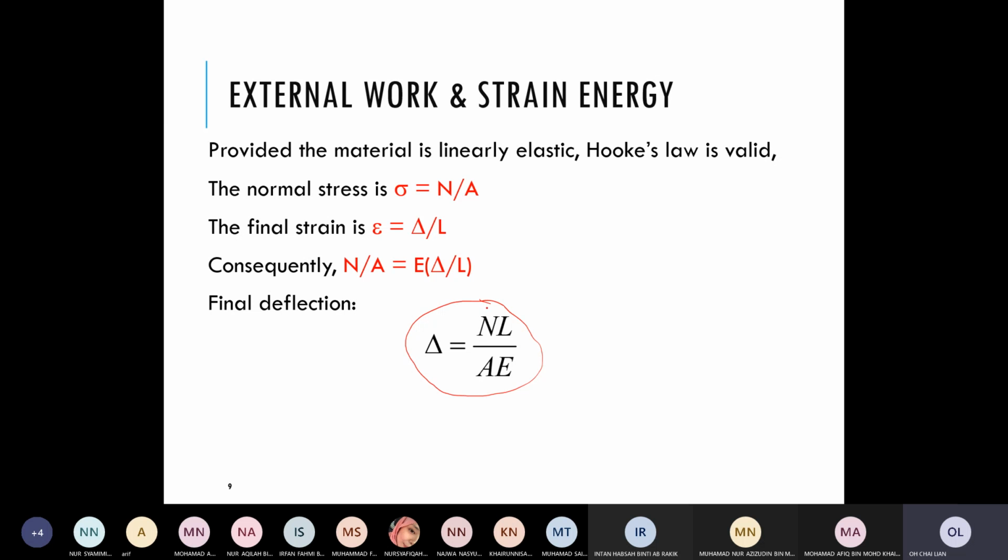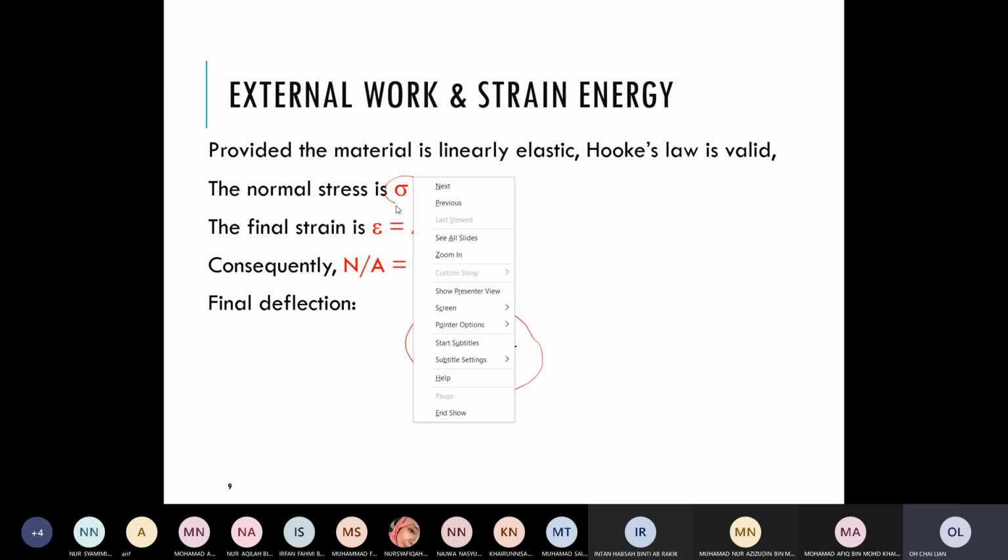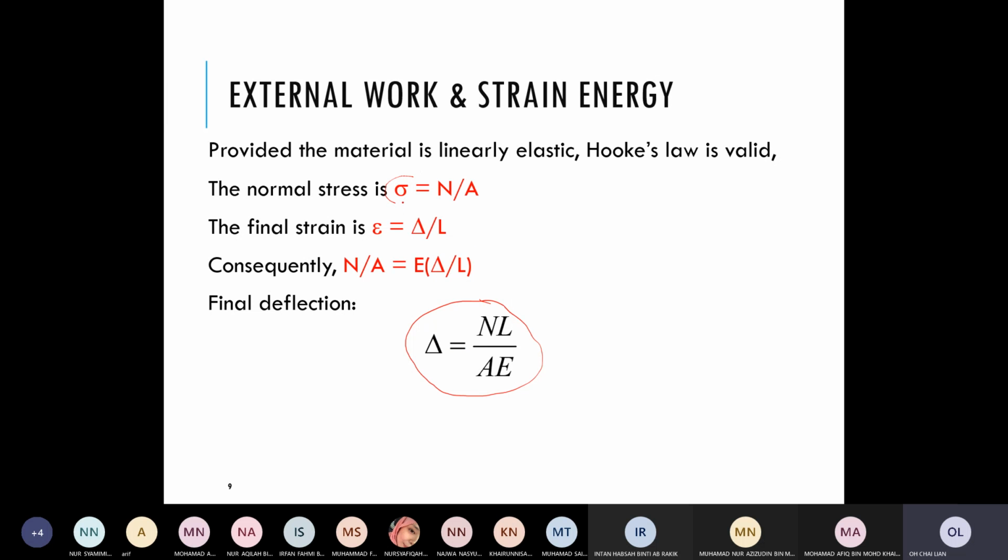This equation actually comes from, if you still remember your Hooke's law, stress is equal to the force divided by area. The force N is the axial force and the A is the cross-sectional area. Then the strain, should be something like that.